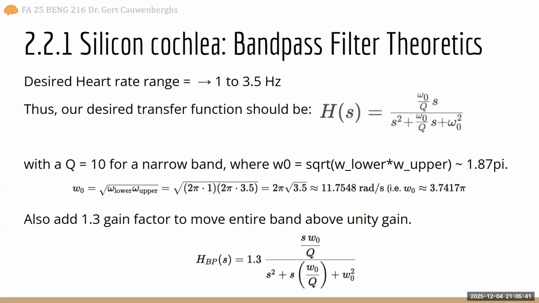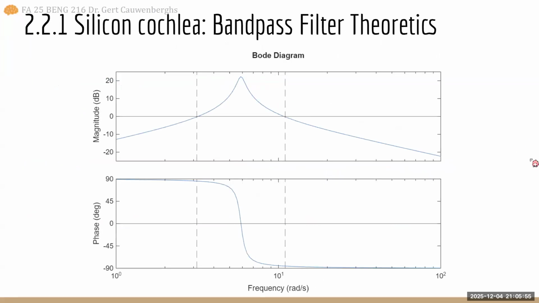We also wanted to add a small gain factor to the transfer function, to get the whole desired region of our band above unity gain. Here is what that looks like in Bode diagram form, where we have our whole band from 1 hertz to 3.5 hertz above unity gain, and our quality factor of 10 makes that peak much more selective toward our band, because we really need a narrow band for the very small range we want to select for.